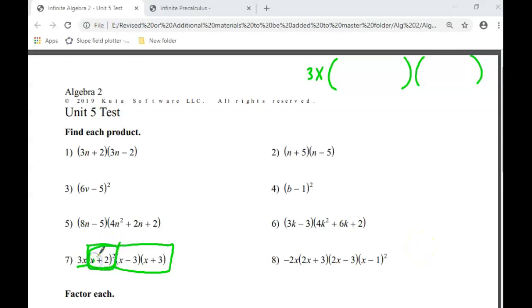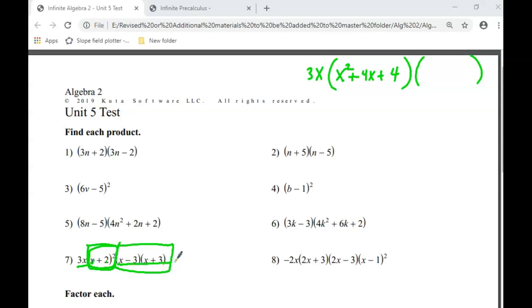You square the first term, you square the last term, you multiply the terms together. 2 times x is 2x, and then you double it to get 4x. The last term is always plus. The first sign will always be whatever the sign was originally, which in this case is a plus.